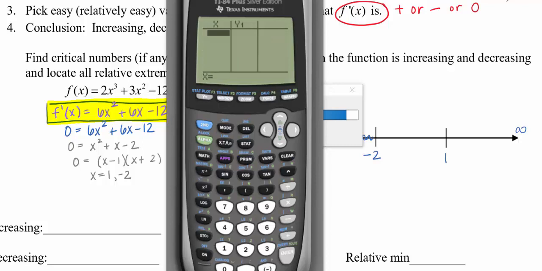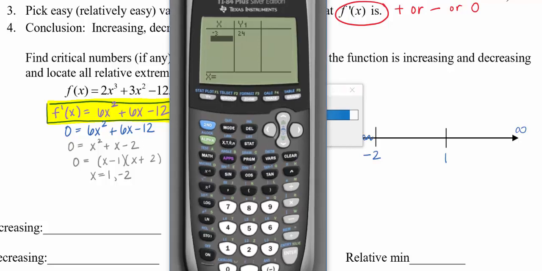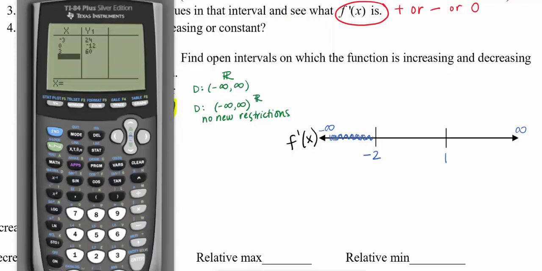And then we're going to go to our table and we type in a value that would be on the left side of -2. So for example, I might type in -3 and I get a positive value. I get positive 24. So that's what I'm going to note on my number line. And so I will go over there to my number line.